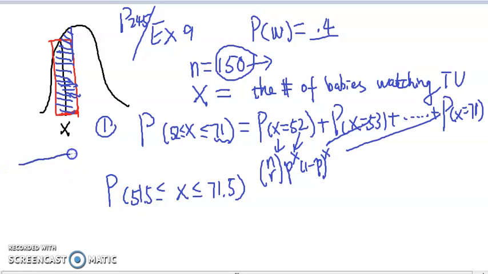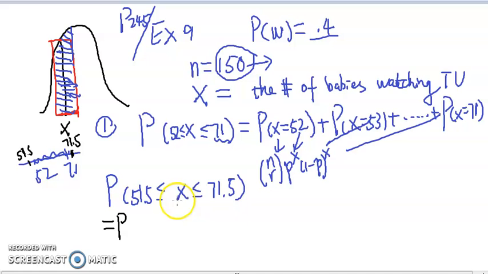So originally we're supposed to have between 52 and 71, but we add a half to get 71.5 and decrease the lower bound 52 to get 51.5, to make sure we include 52 and 71 in there. And now this can be treated as a normal distribution, which we can do the way we talked about in chapter 7.